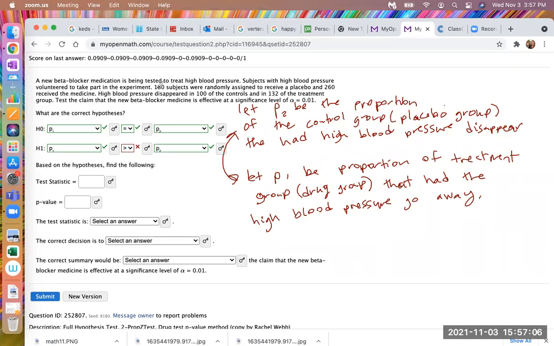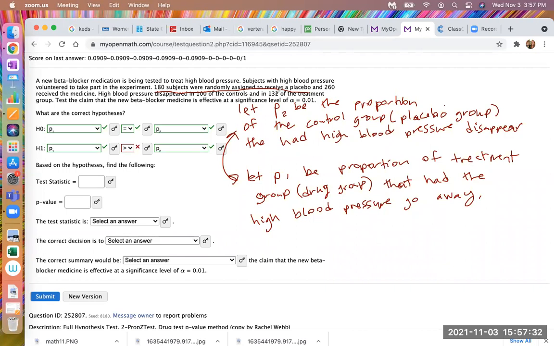Notice how they said 180 subjects were randomly selected to receive a placebo. As soon as they listed that first and then the other group second, I thought, okay, I just want to go with that being my population 1 and the other one my population 2, just so I can match their answer. And so you might want to follow that procedure. That seems to work pretty well for me.